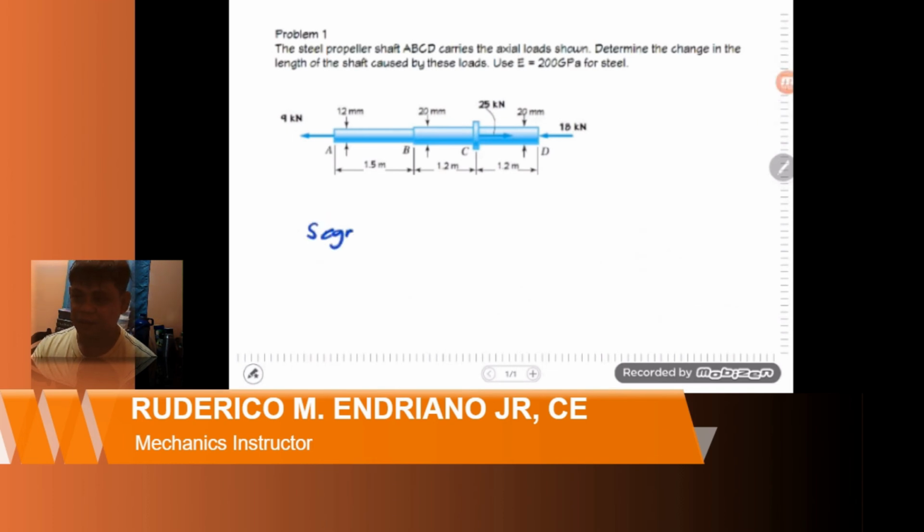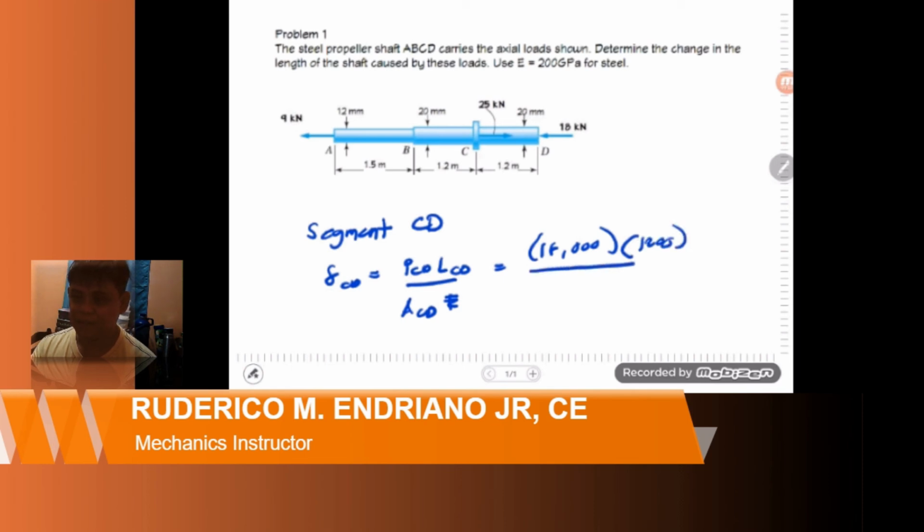Next, we compute the change in length for segment CD. Using again the same formula, where the deformation is equal to the product of load and length divided by the area and the modulus of elasticity, we have 18,000 Newton for the load at segment CD, 1,200 millimeters for its length.